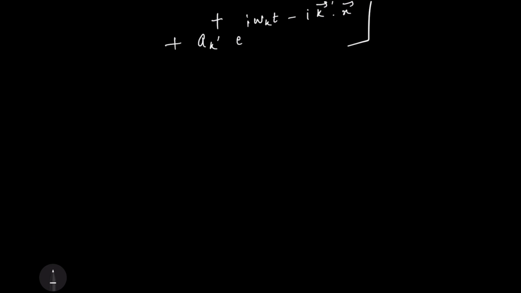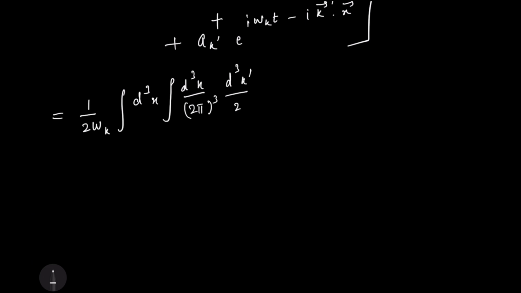Likewise you will get 4 terms again, which is equal to 1/(2ω_k) integral d³x, integral d³k/(2π)³, d³k'/(2π)³.